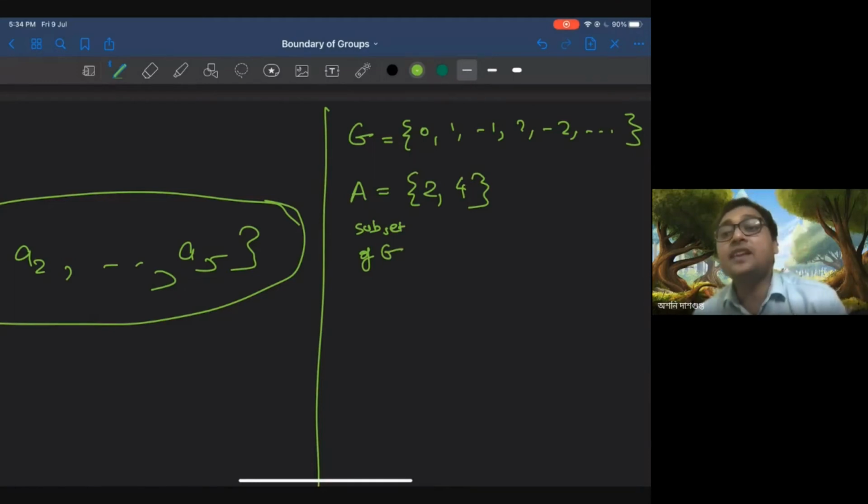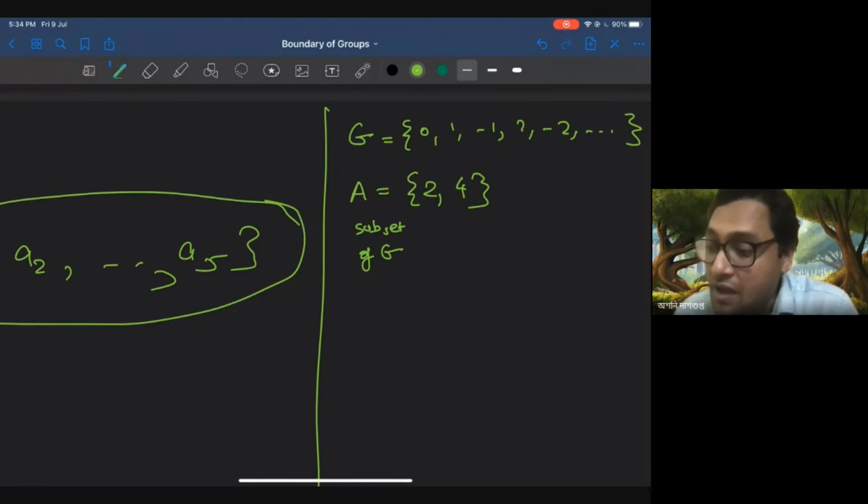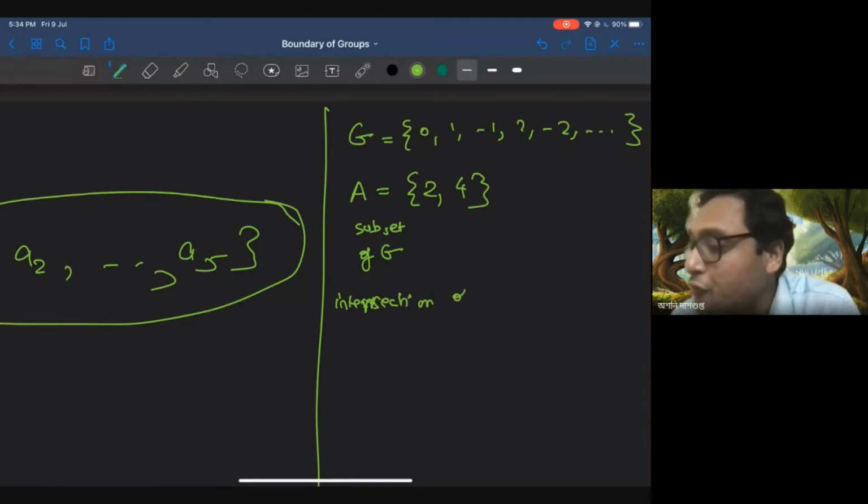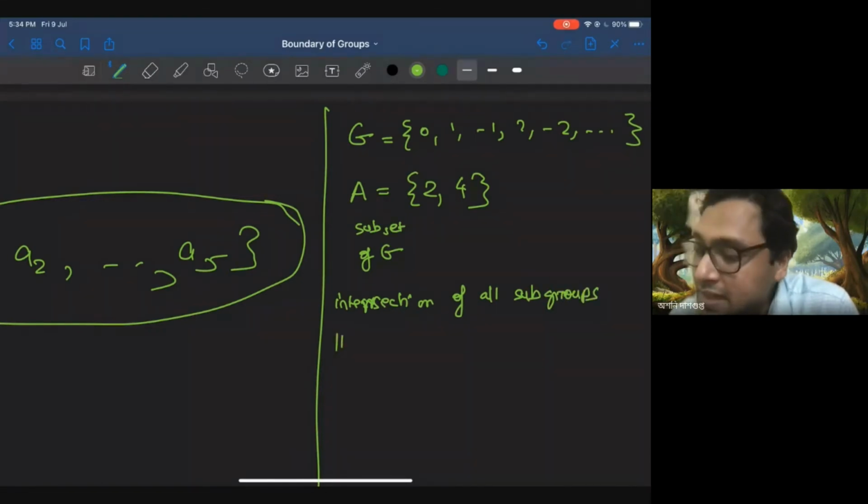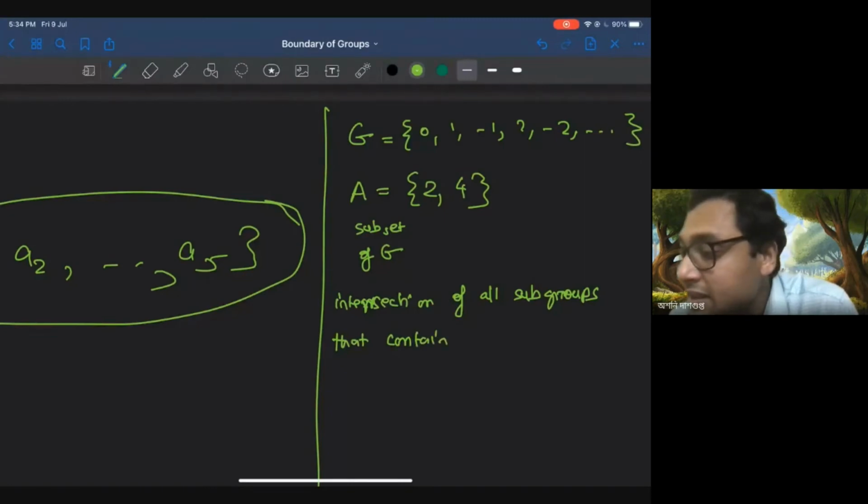Now we can try to find the intersection of all subgroups that contain A equal to {2, 4}.